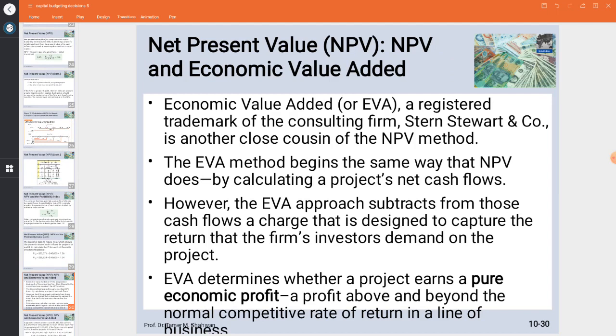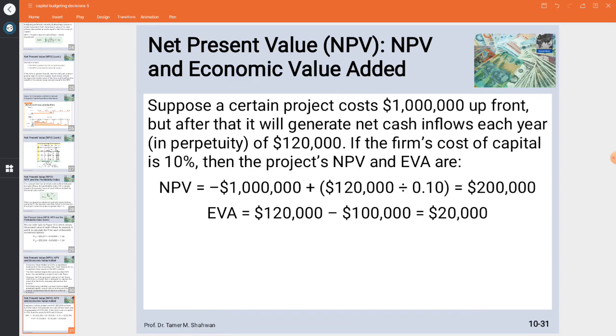In EVA, economic value added, we are interested in determining whether a project earns a pure economic profit. We determine whether it is above the normal competitive rate of return in a line of business. Let us see how we could calculate EVA.